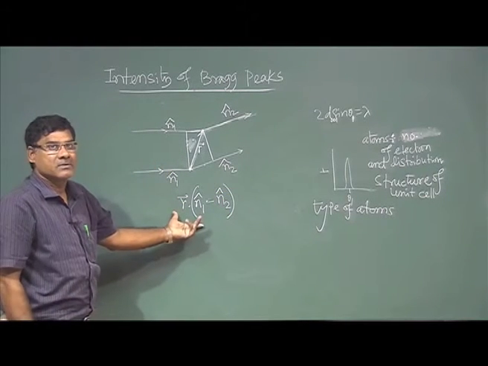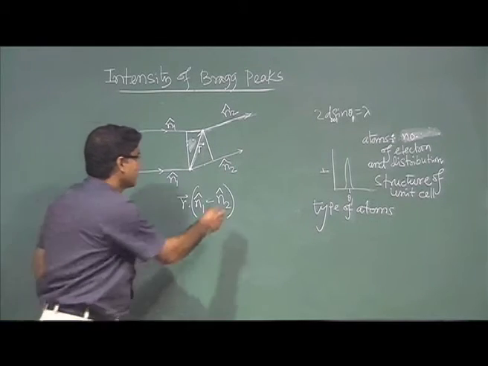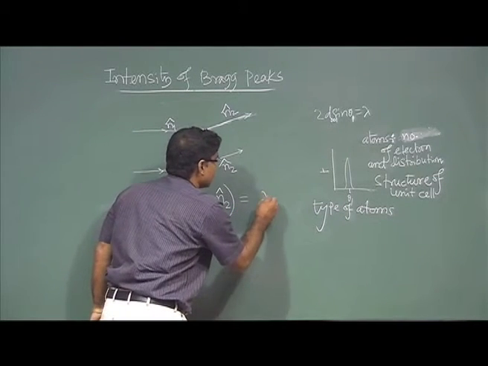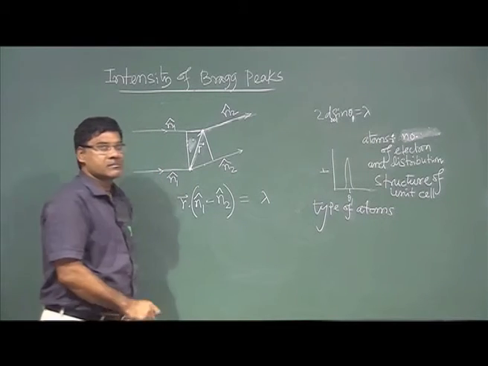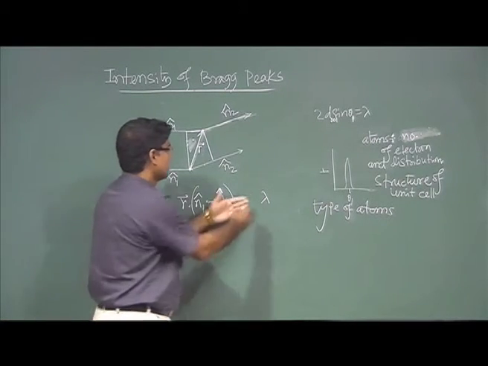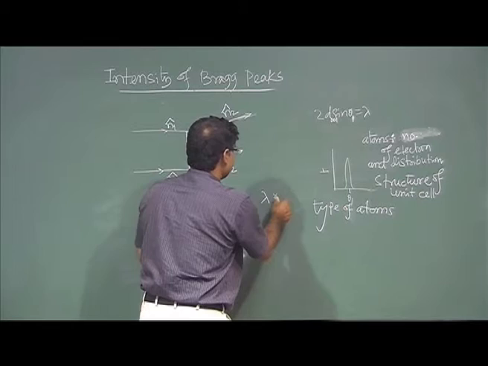That will be the path difference, and it has to be an integral multiple of lambda.